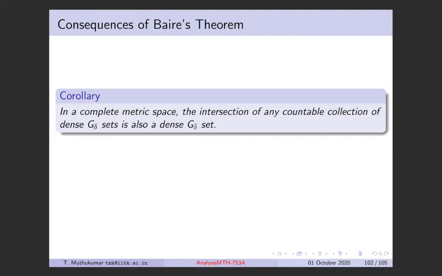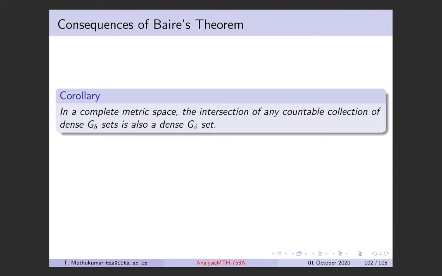In a complete metric space, again by the Baire category theorem, any countable collection of G delta sets is also a G delta set, because every G delta set is a countable intersection of open sets, right?